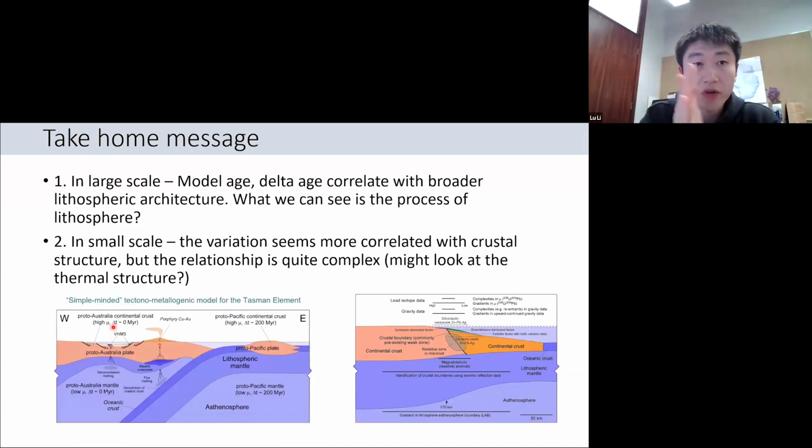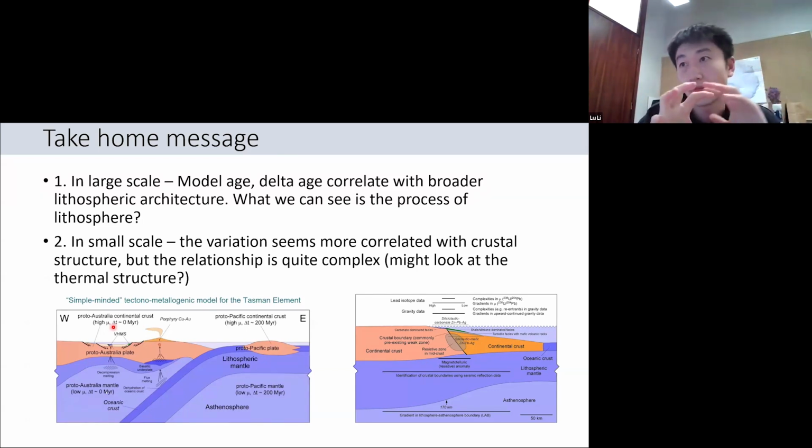Okay, cool. A short summary: we used random forest to help us build a matrix to link these two different properties together. And we do see a correlation, at least at large scales, correlated with broader lithosphere architectures.